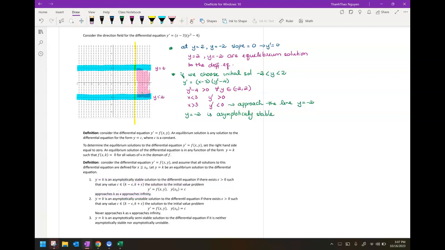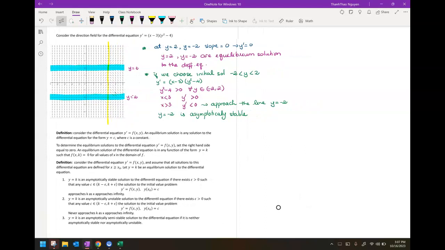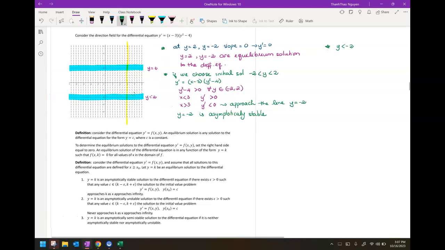So what happens when we're looking at the values below y equals -2? y is less than -2. So you look at y less than -2, and take a look at y greater than 2. What happens when y is greater than 2?